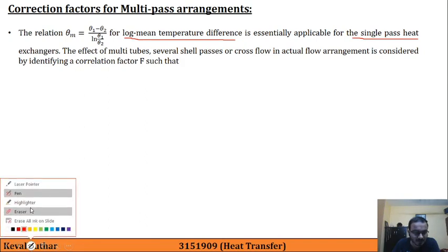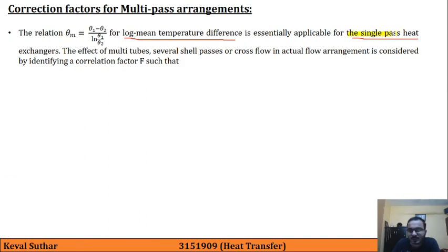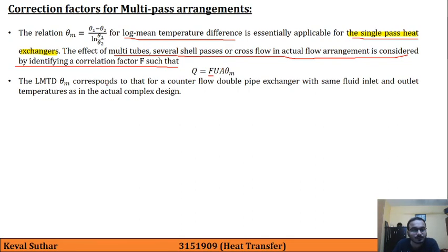So this is a very important thing, that the derivation that has been done is only for single pass heat exchangers. And suppose we are having multiple tubes, several shell passes or cross flow, in actual arrangement it is considered by identifying correction factor F, such that this correction factor F will be added to consider the effect of these multiple tube, shell passes or cross flow.